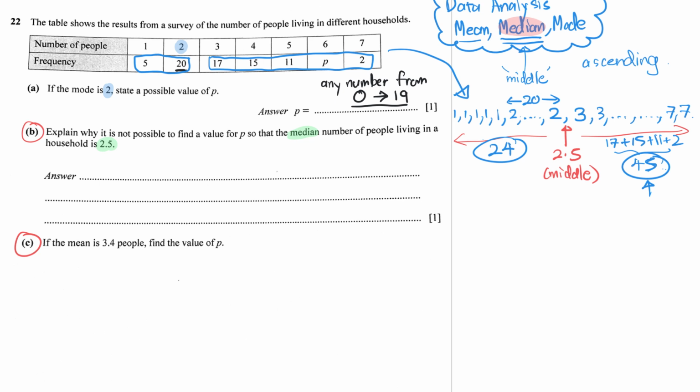So how do we explain this? Right, so let's give it a go. So for the median to be 2.5, 2 and 3 have to be the middle numbers.